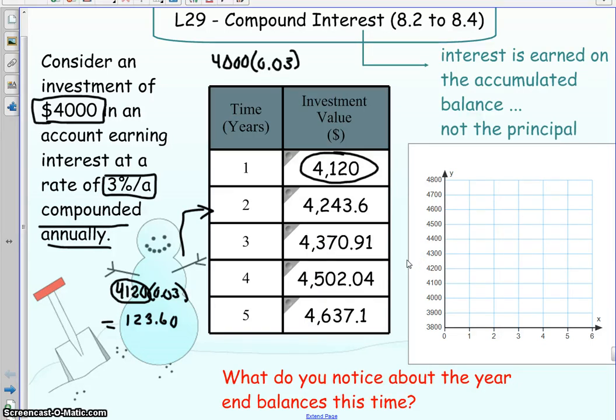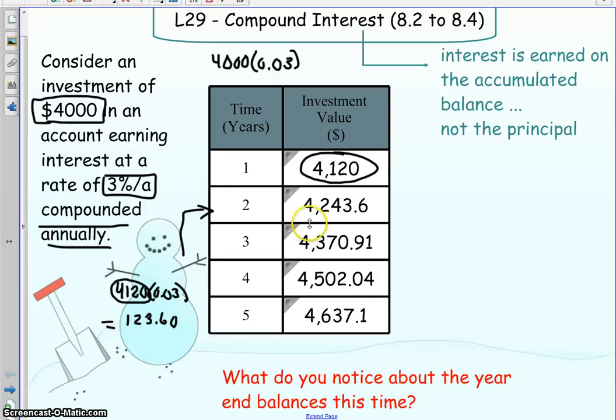Now, what do you notice in terms of patterns in the table this time? Well, you may notice very quickly this isn't going to be linear like simple interest was. Since it's not linear, you can check your first differences and your second differences, but it's not quadratic either. What you may notice after some experimentation is that you have what we call a common ratio.